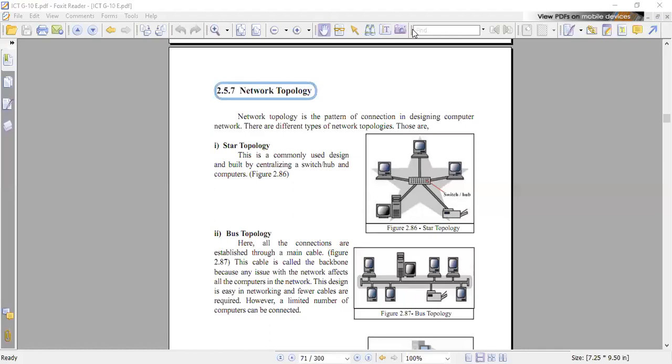Okay, under network topology, write down: network topology is the method of connecting computers within a network.